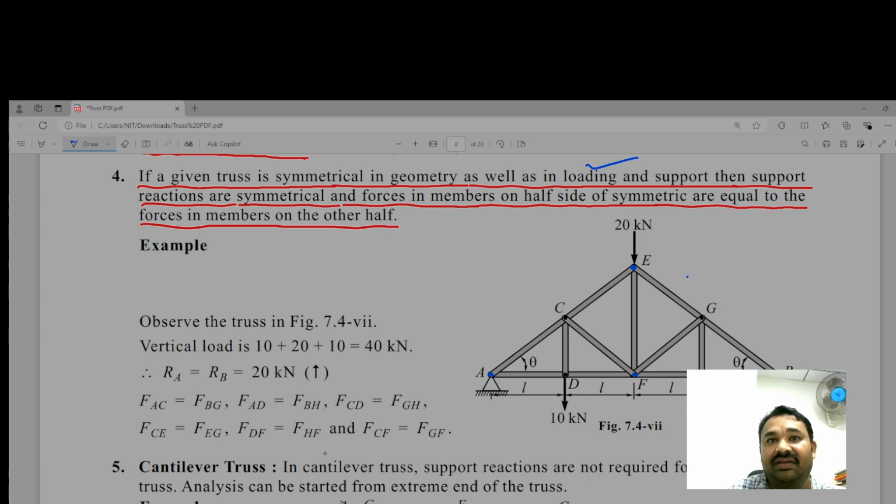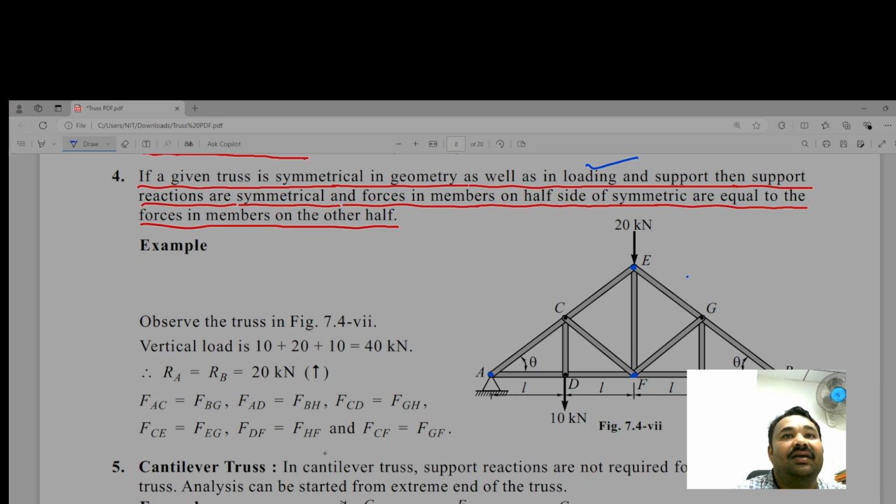So just at mid, this is symmetric. Symmetric means if you see from F, joint A is at 2L distance. Similarly, joint B is also at 2L distance from joint F. So it is geometrically symmetric, symmetric in loading, and symmetric in support reactions.